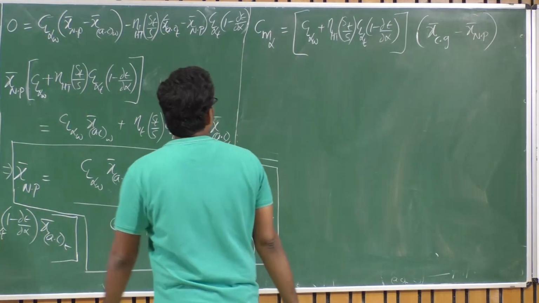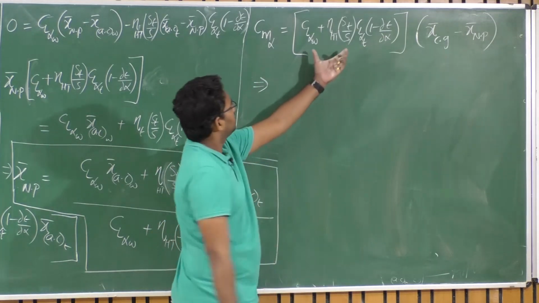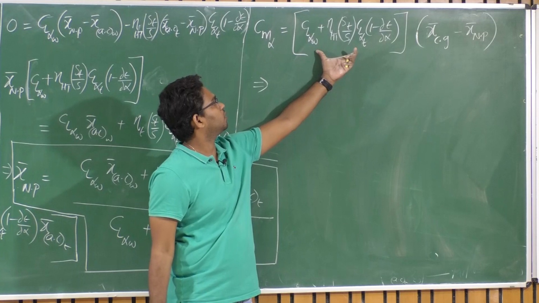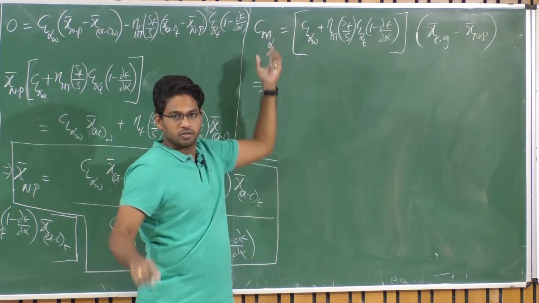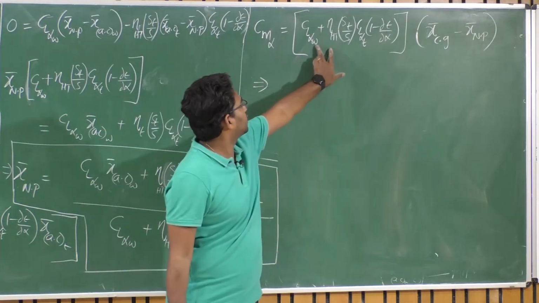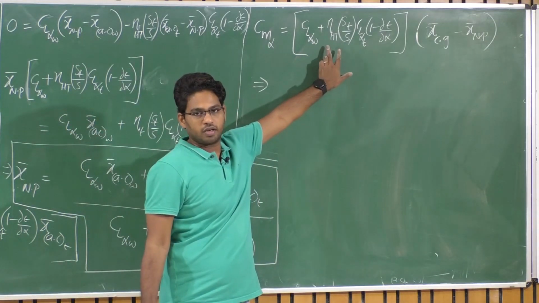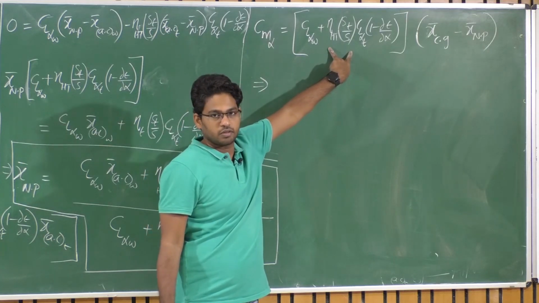So in other words, do you remember this particular expression is nothing but the total Cl alpha of the aircraft. You just go back to our previous expression and see what is the total lift curve slope of the aircraft, wing and tail combination. This is the lift curve slope of the total aircraft, isn't it?